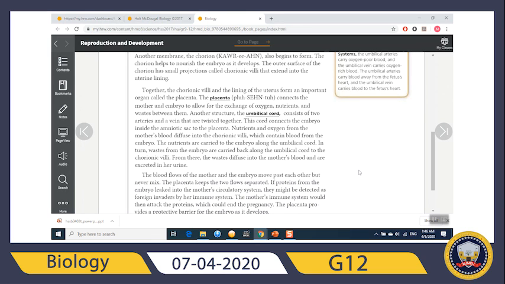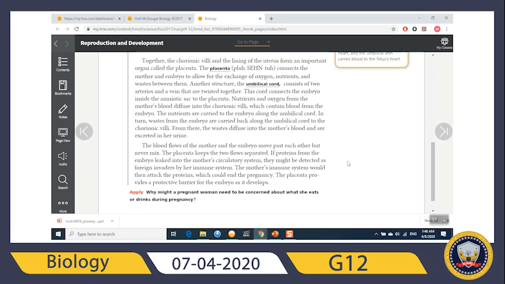Nutrients and oxygen from the mother's blood diffuse into the chorionic villi, which contain blood from the embryo, and the exchange will happen. Now, the blood does not mix. Some may wonder, does the blood from the mom and the blood from the embryo mix? No, they will never mix.